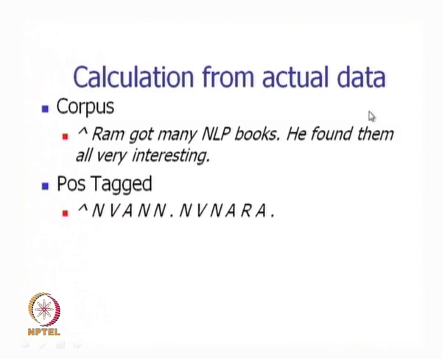Just a recapitulation: we have set up the part of speech tagging problem as a sequence labeling task, used argmax computation, and applied Bayes theorem to divide it into two parts, the prior probability of the tag sequence multiplied by the likelihood of the word sequence given the tag sequence.